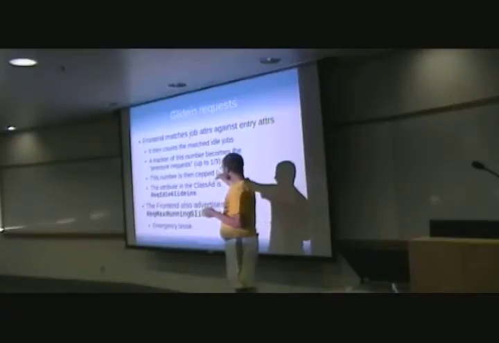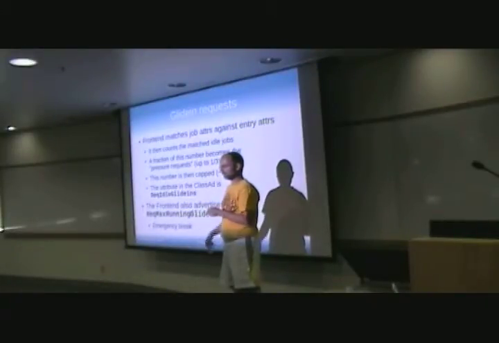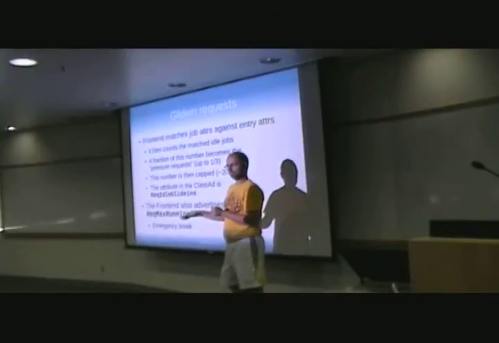We also cap it at a low number. I think by default it's 20. And the reason for this is that you don't really get many more resources at various sites if you ask for lots of glideins. If you go to a site and ask for 10,000 jobs at a time, or you ask for 20, and as soon as one starts, you submit a new one, you are pretty much guaranteed that you will get exactly the same amount of glideins at the end of the day.